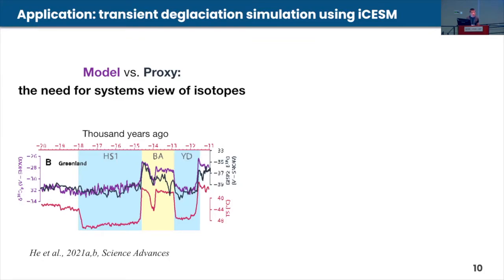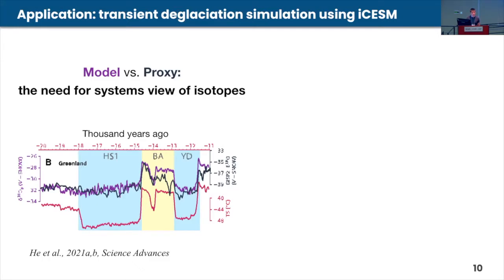But if you look at Heinrich event 1, you see that the nice relationship breaks. If you look at delta 18O, it does not change much, but for temperature, you do see a substantial decrease. That suggests that the ice core thermometer may not always work. So we need a dynamic model like ICSM to better interpret the signal.